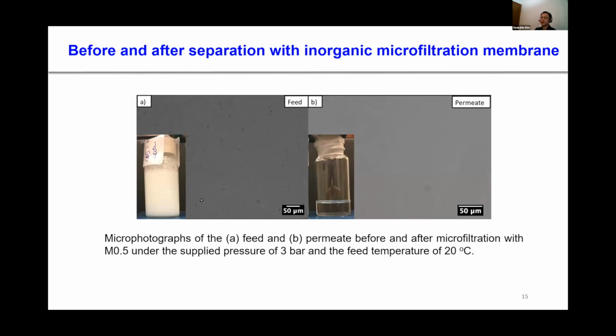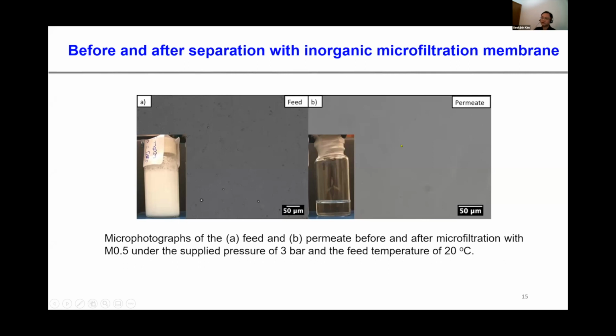These figures show microscope images of the feed solution on the left and the permeate solution on the right. It can be seen that the milky emulsion solution changed to very clean after the permeation test.